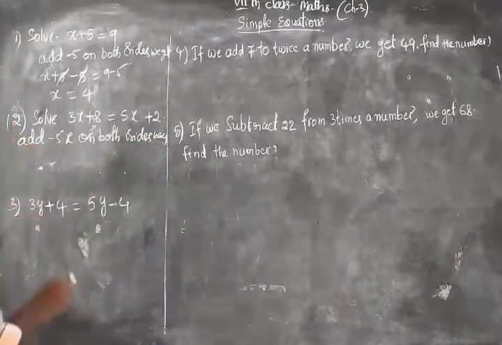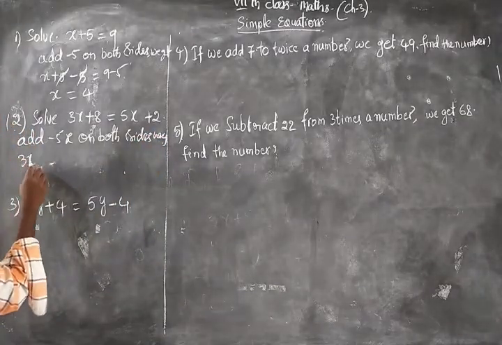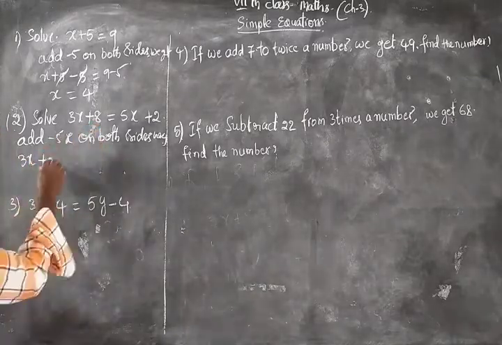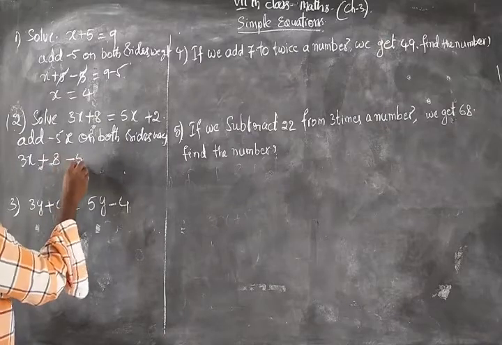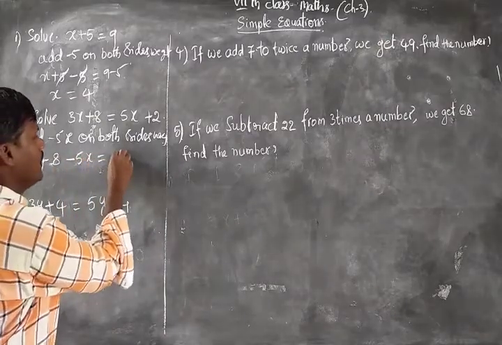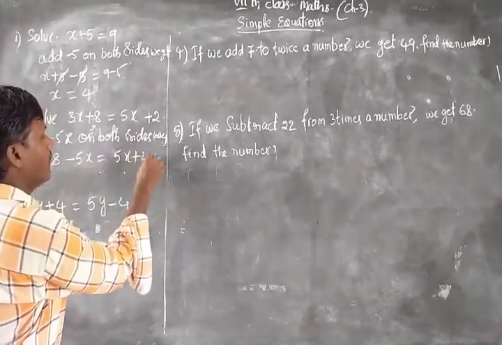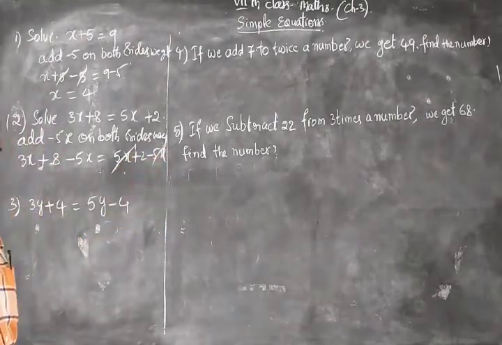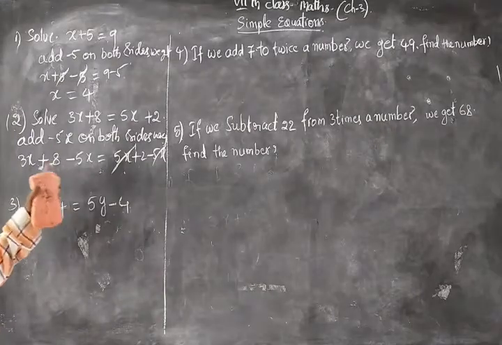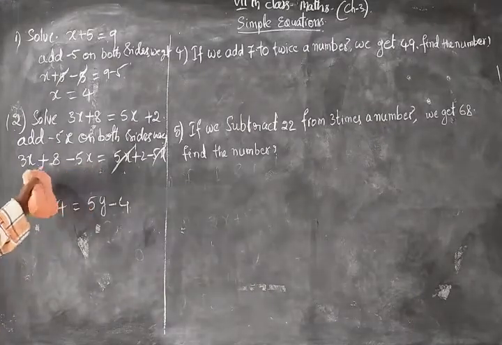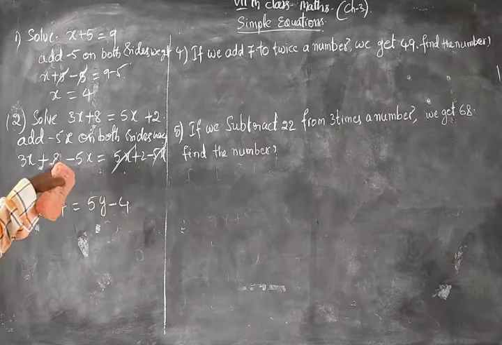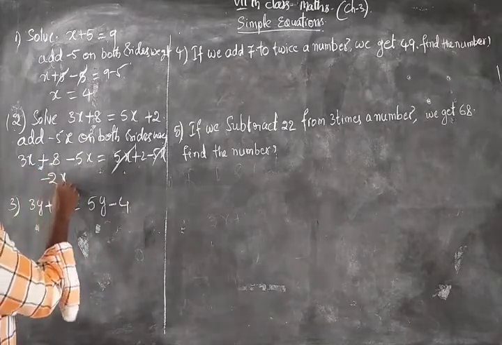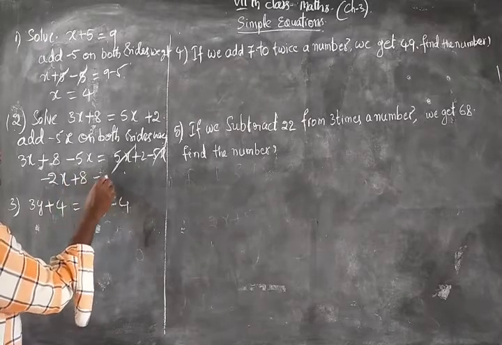So 3x plus 8 plus minus 5x is equal to 5x plus 2 minus 5x. So plus 5x minus 5x cancelled here, and 3x minus 5x is minus 2x. So we get minus 2x plus 8 is equal to 2.